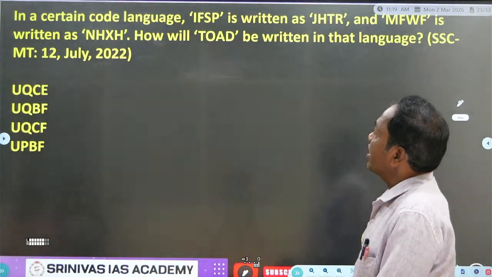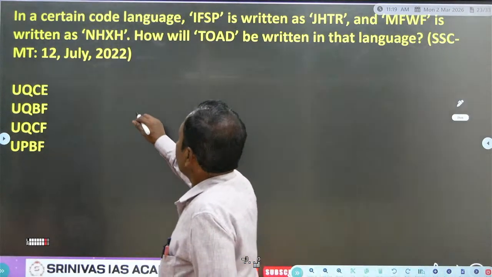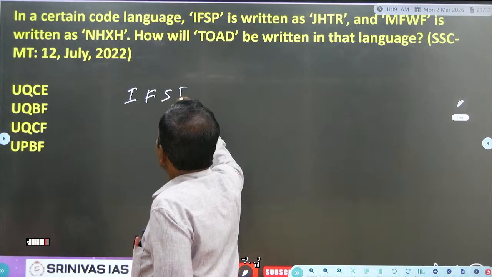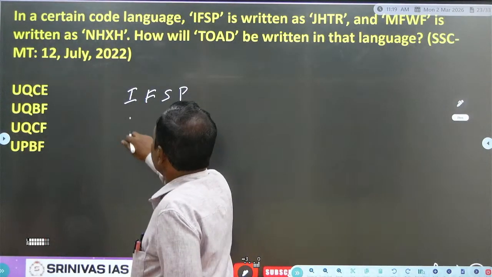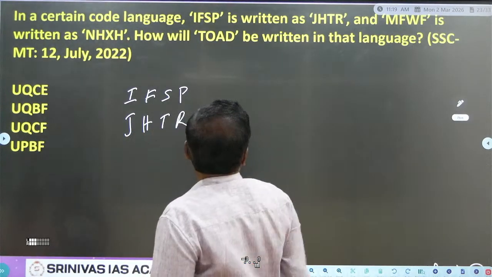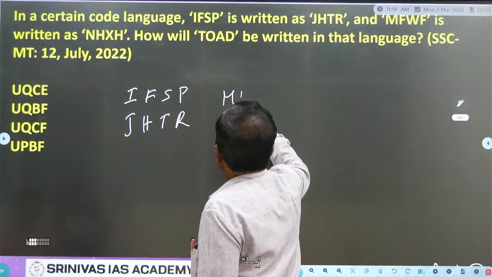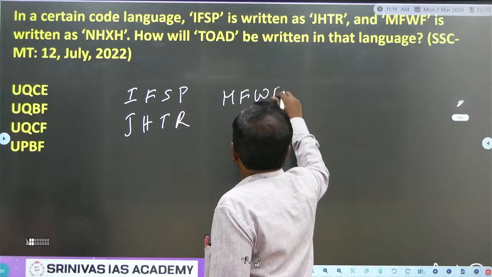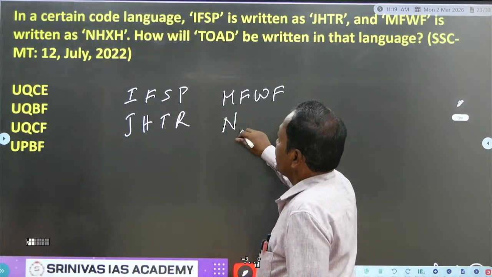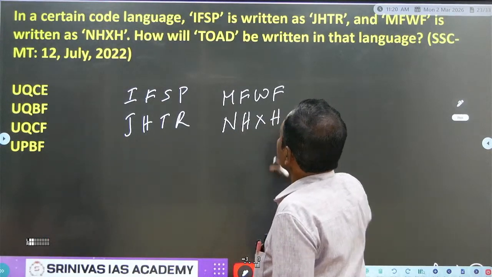In a certain code language, IFSP is written as JHTR and MFWF is written as NHXH.